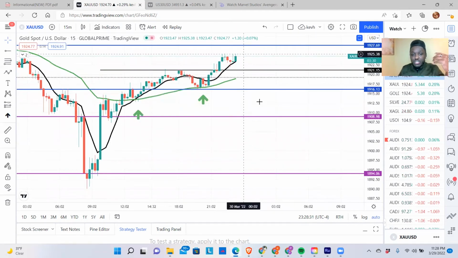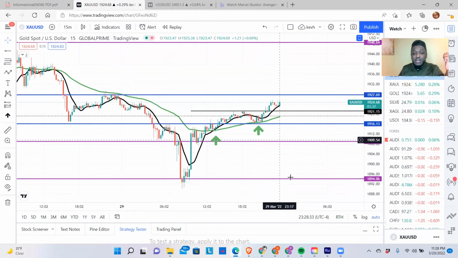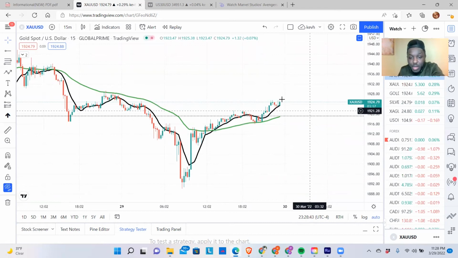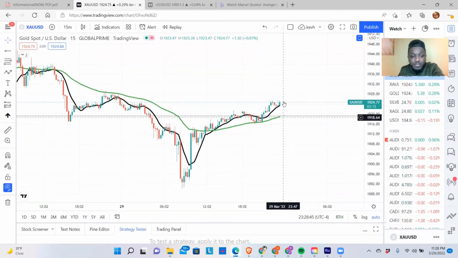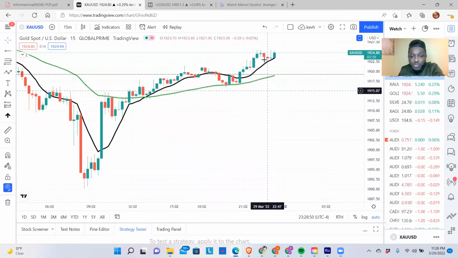What I do want to see, there's a couple of things happening here. I'm going to go ahead and hide my drawings. I don't know how this is going to play out, but this is our consolidation that we were talking about in the last 1.5 hours.